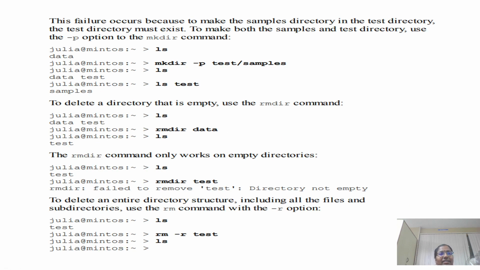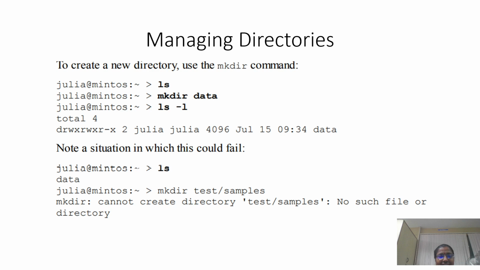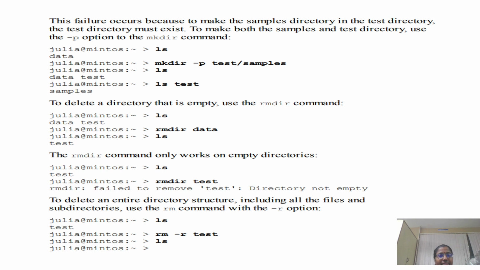This failure occurs because to make the samples directory in the test directory, the test directory must exist. Here the test directory is not already available, so it fails. First you have to create the test directory, and then create the samples directory inside it using the mkdir command.